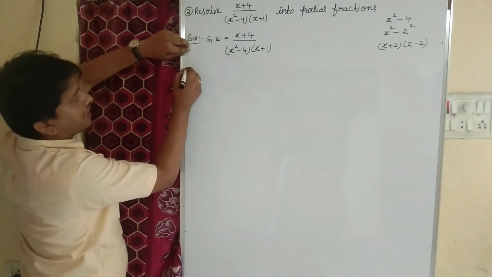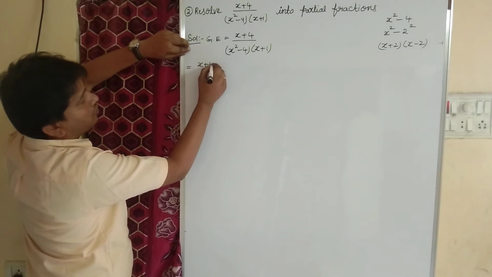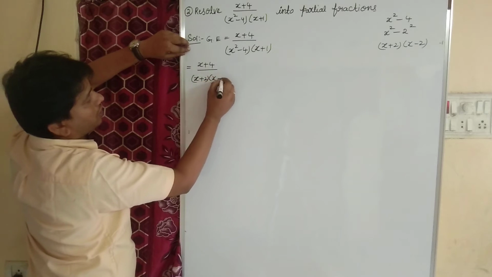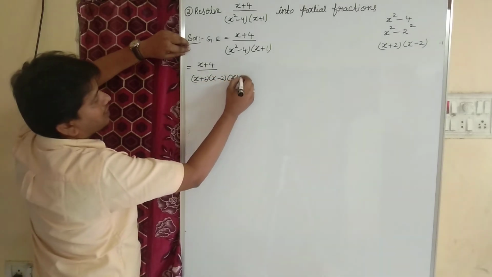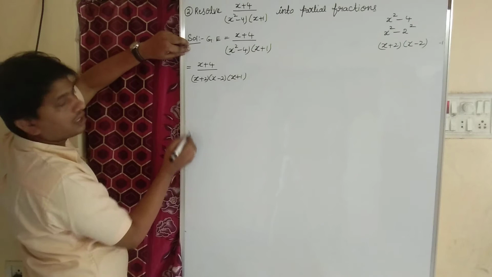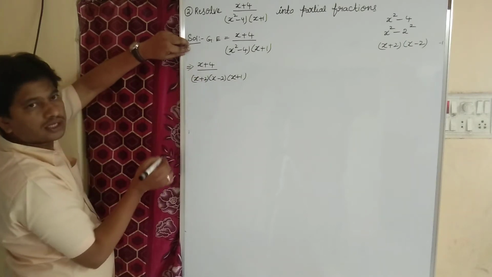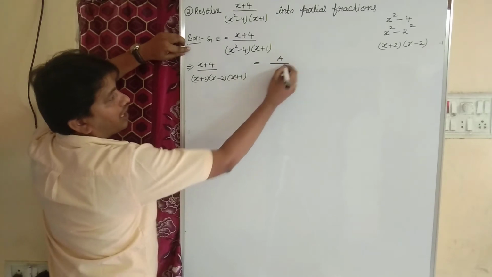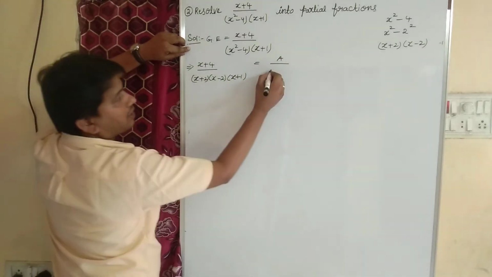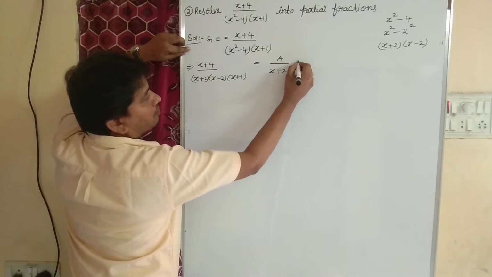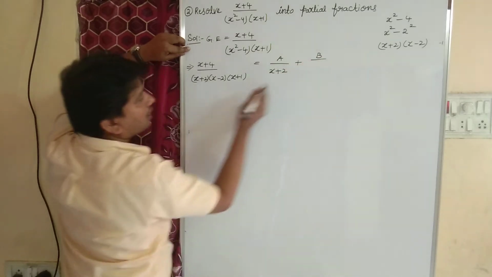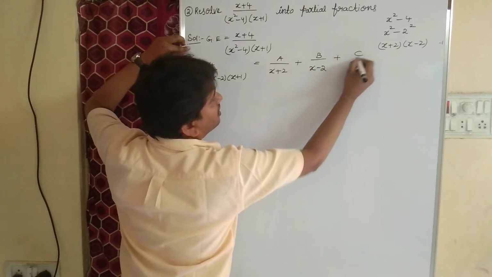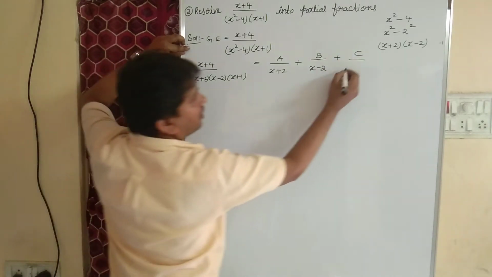Okay, children, this I can write as x plus 4 divided by x plus 2 into x minus 2 into x plus 1. Okay, children, now let me write this as a by x plus 2 plus b by x minus 2 plus c by x plus 1.